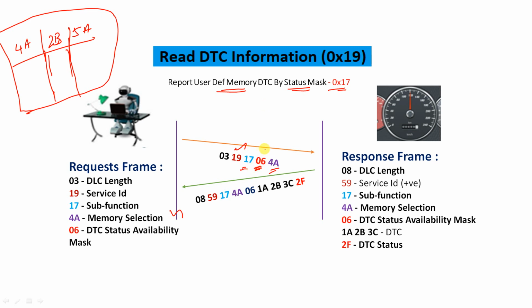Then 06 is the DTC status mask, and 4A is the memory selection. For this you will get a positive response with the subfunction, the memory selection, the DTC status availability mask, and the DTCs that exist within it with their DTC status, which is 8 bits, as you already know. So these are the two subfunctions covered.